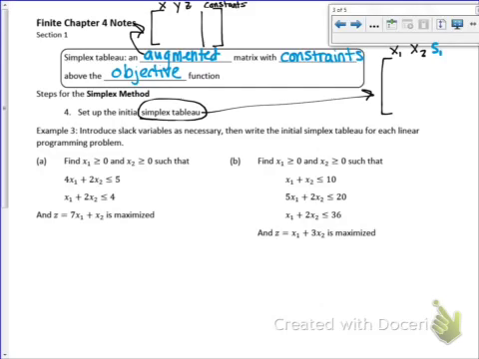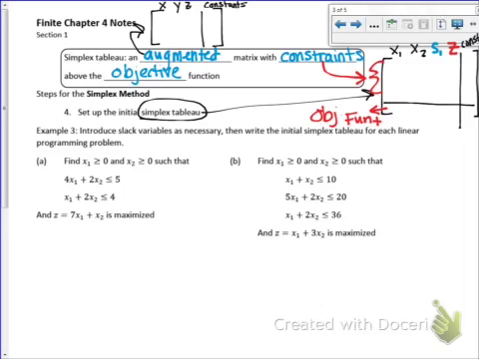And then you have to have a column for the z of your objective function, and then you're going to have a vertical line, and then you're still going to have your constants over there on the right hand side. Now, the other thing is it said constraints above your objective function. So the very last row, so there's going to be some lines inside, that very last row is going to be your objective function. And then all the rows above it are going to be your constraints.